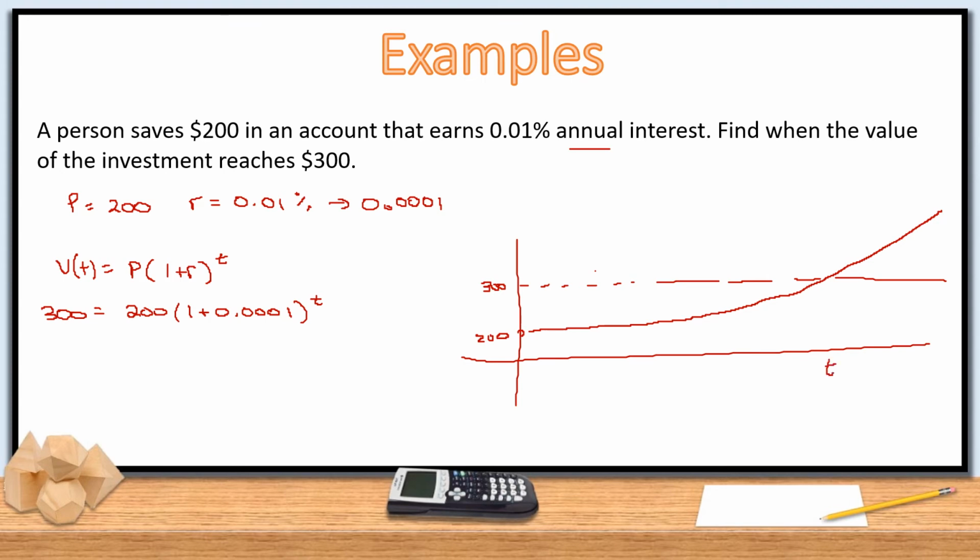So give yourself a long runway for t. If you're doing it in Desmos, you'll be able to zoom out very easily. If you're doing your calculator, it's going to be a little bit more zooming to get there. So first, y1 is 300, y2 is 200 times 1.0001 to the power of x.